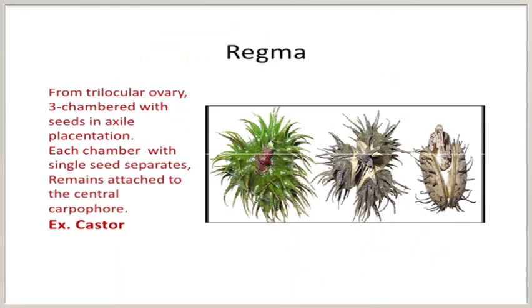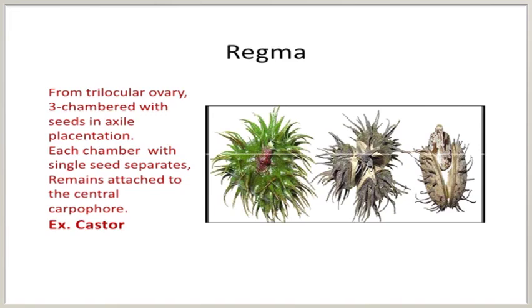The last type of schizocarpic fruit is regma. So basically regma is the fruit developed from a multilocular, multi-chambered ovary, with each locule having a single seed, and the ripened fruit breaks up into a number of one-seeded dehiscent parts called cocci. So we have a multilocular ovary.